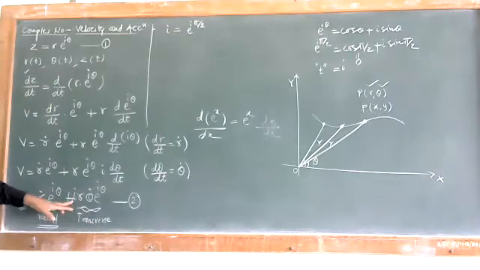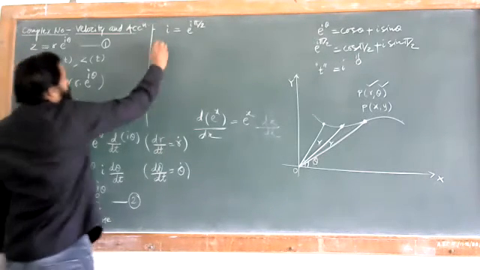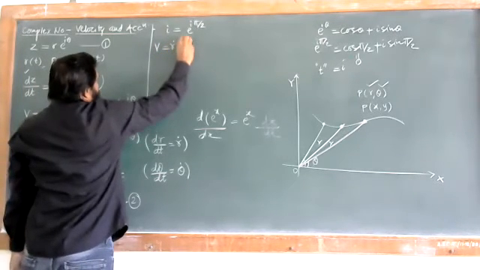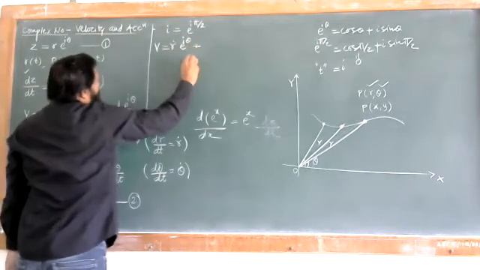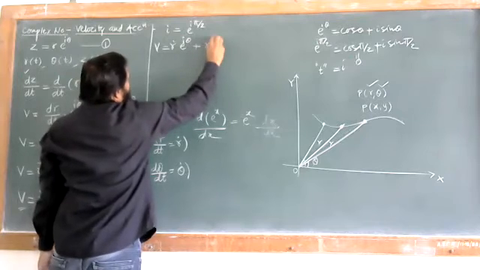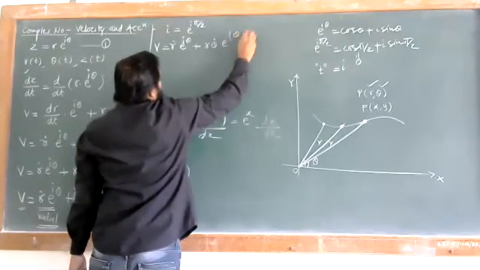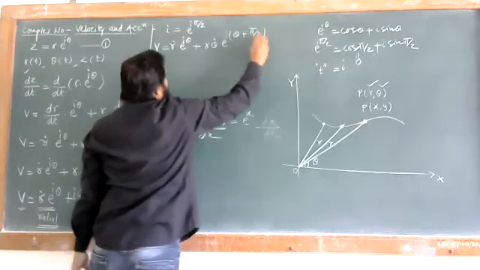If you use this value for I, you can write v is equal to r dot e raised to I theta plus r theta dot into e raised to I times theta plus pi by 2. So we have two angles.